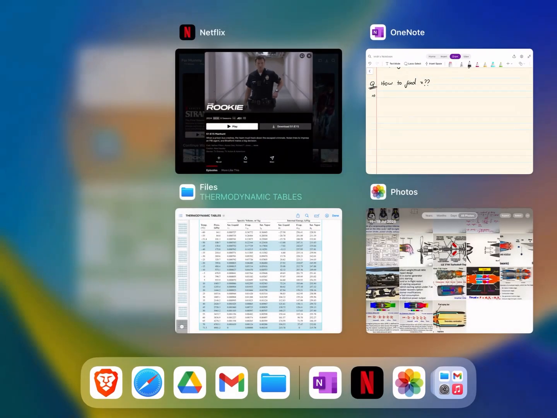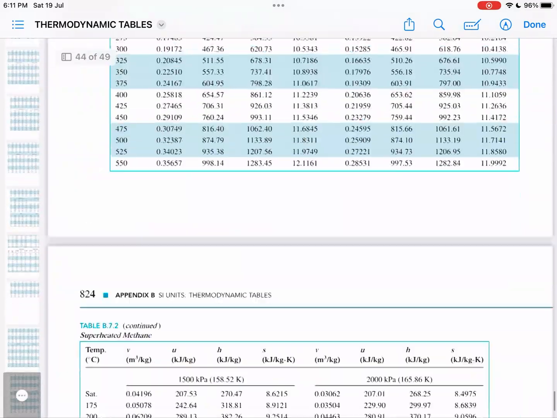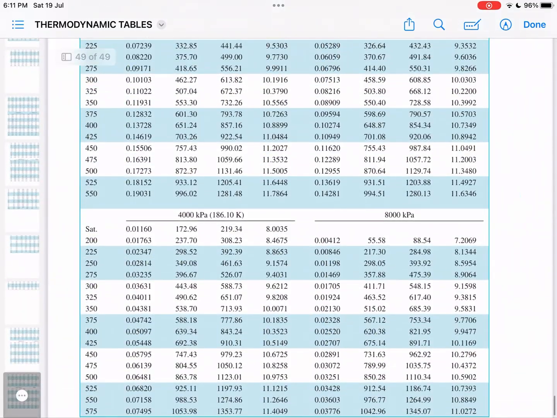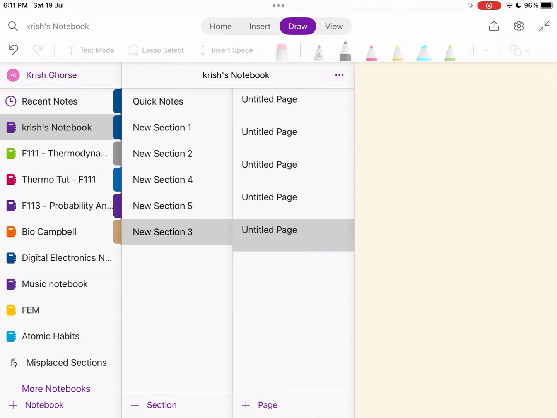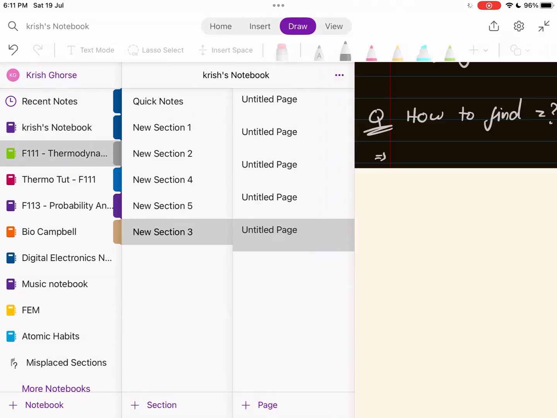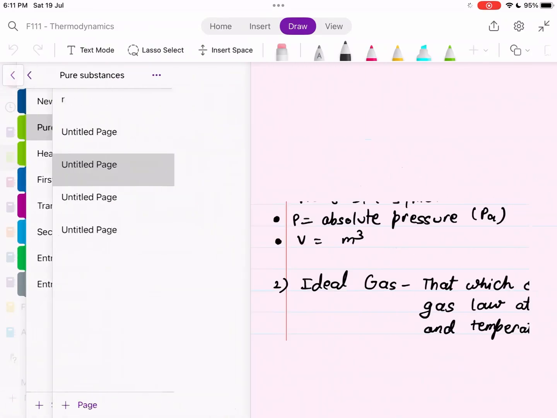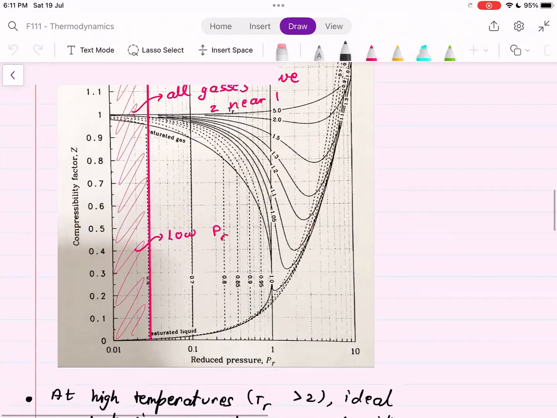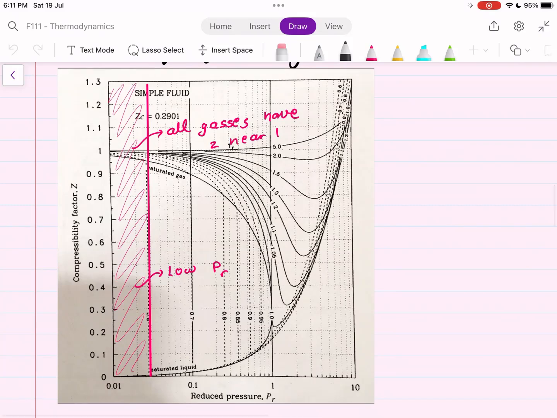In fact, if I open up my thermotables here, at the very end of your booklet, okay, I don't seem to have it, but I can still show it to you. There will be a graph. This is the graph that will be there near the very end of your thermotables, right?